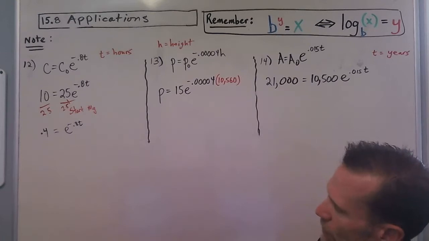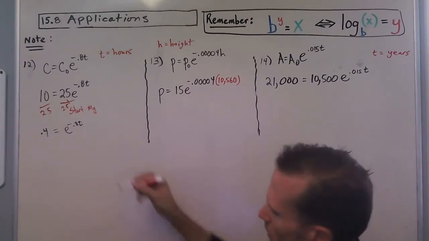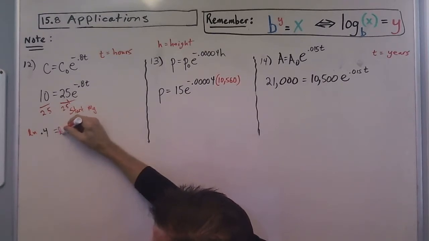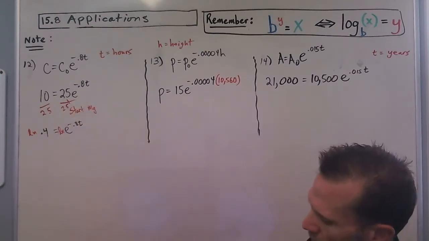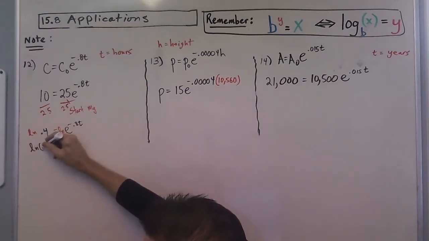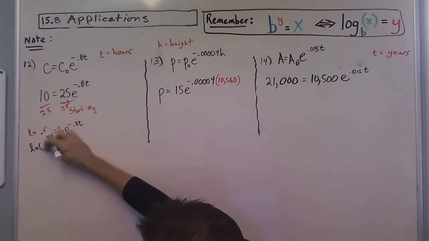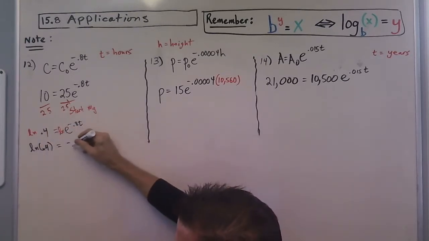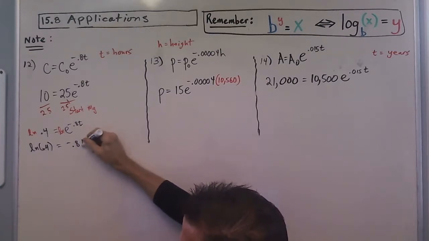Okay, we're solving for t, so we could take the natural log of both sides here. On the left side, I get the natural log of 0.4. On the right side, I get negative 0.8t.